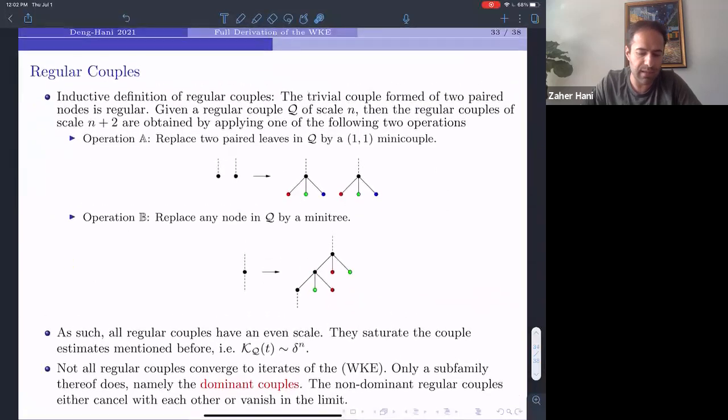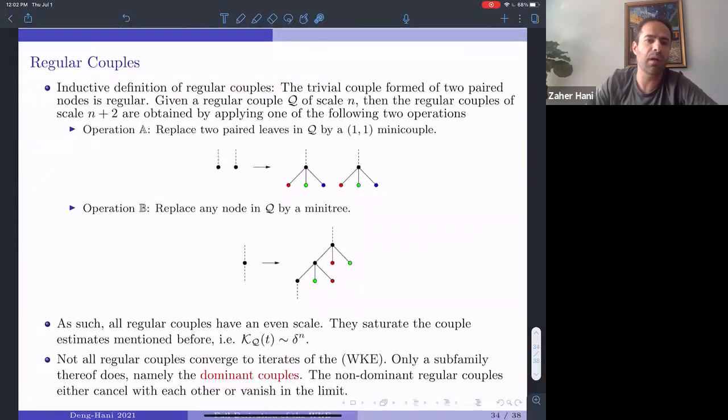So here's the precise definition of a regular couple. Of course, the trivial couple, which is formed by just 2 nodes paired to each other, is a regular couple. This is the base case. Now, given a regular couple Q of scale n, here's how you can obtain all regular couples of scale n plus 2. They are obtained by doing one of the following 2 operations.